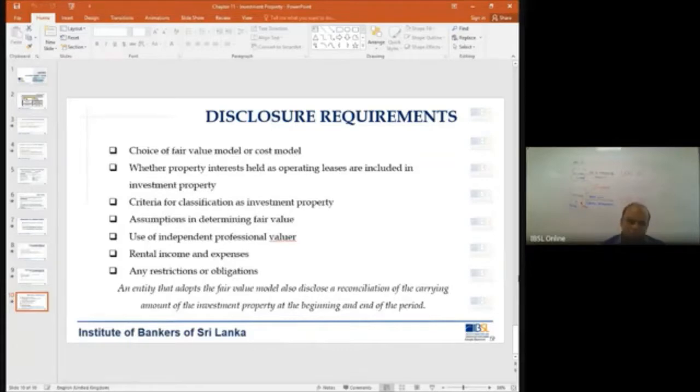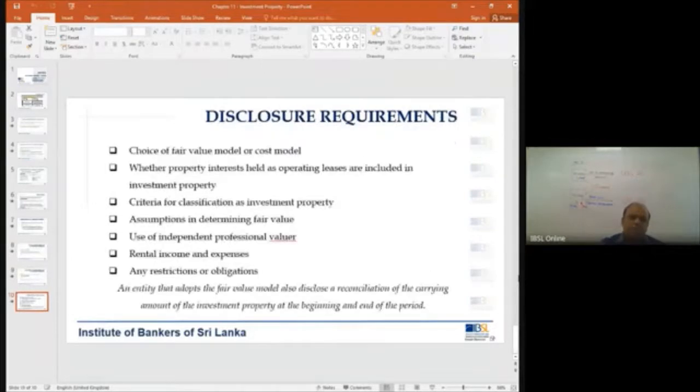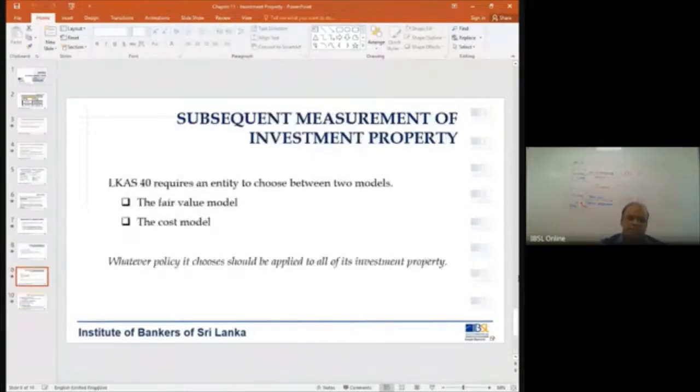Then finally, you have to mention whether there are any restrictions or obligations on this property as well. Now, if you say that you can rent out this property only for 5 years due to some legal restriction, then you have to mention that. Okay, so it's very important that you need to provide these additional information.